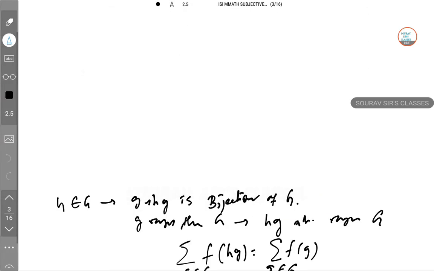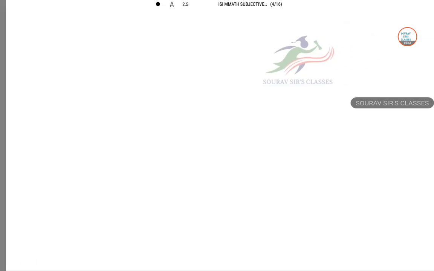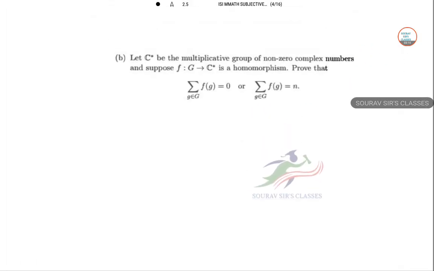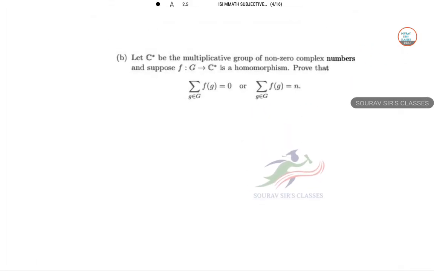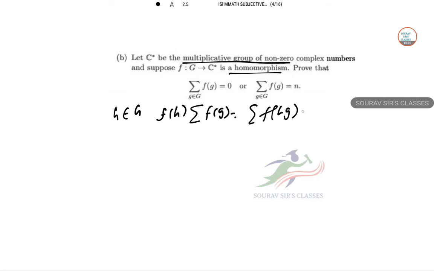So now it has a second part. We will go to the second part, 3b. 3b says let C star be the multiplicative group of the non-zero complex numbers, and f is a homomorphism, so we need to prove this. So h belongs to G, we know the summation of f(hg) is equal to the summation of f(g).